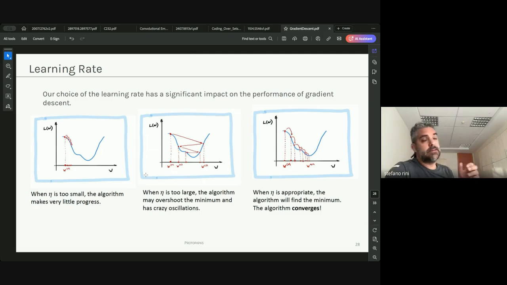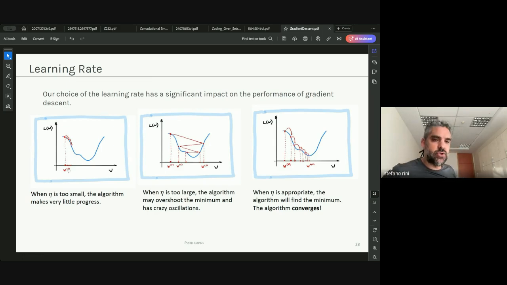Then the next step that you ask yourself is, what is this business with the learning rate? And the idea is that you want to take conservative jumps because you do not want to overshoot your solution. So in a sense, when you choose your learning rate, you're always in one of these three conditions, and you try to balance things so that you're always in the last one. Let's see what's happening. So in the first condition, I know I have to move in the descending direction of the gradient, but I do not know how far away my starting point is from the solution, from the optimal set of weights.